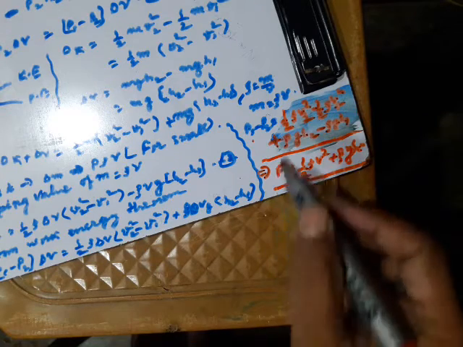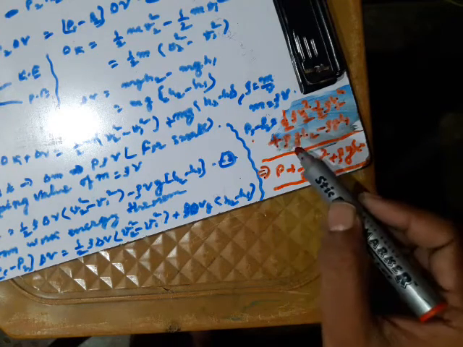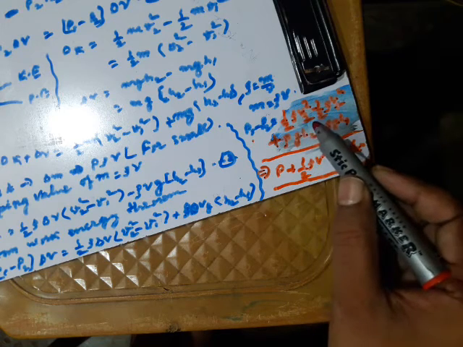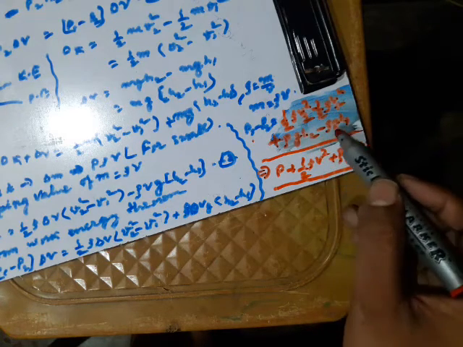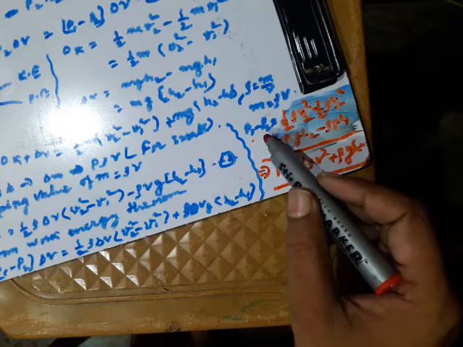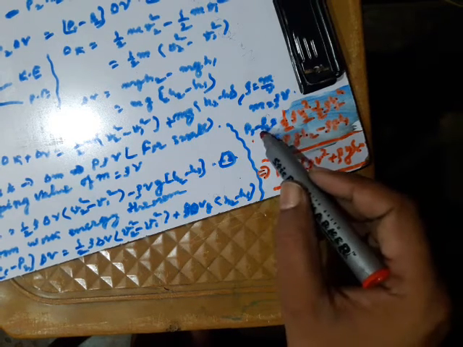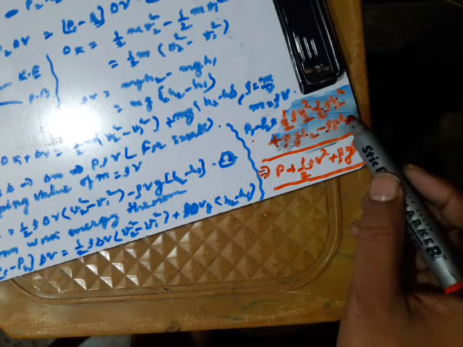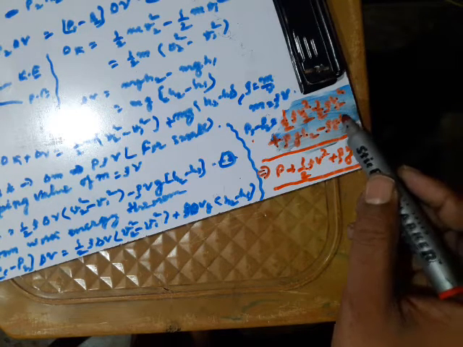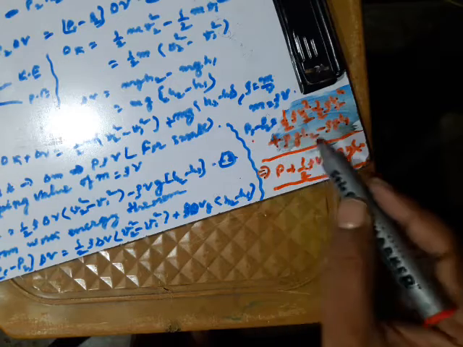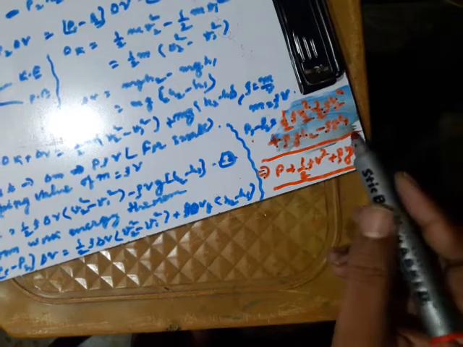Here one line you may write: P1 plus half rho v1 square plus rho g h1 is equal to P2 plus half rho v2 square plus rho g h2. If you take this to the other side, P2 to the right side and P1 to the left side, both are equal.